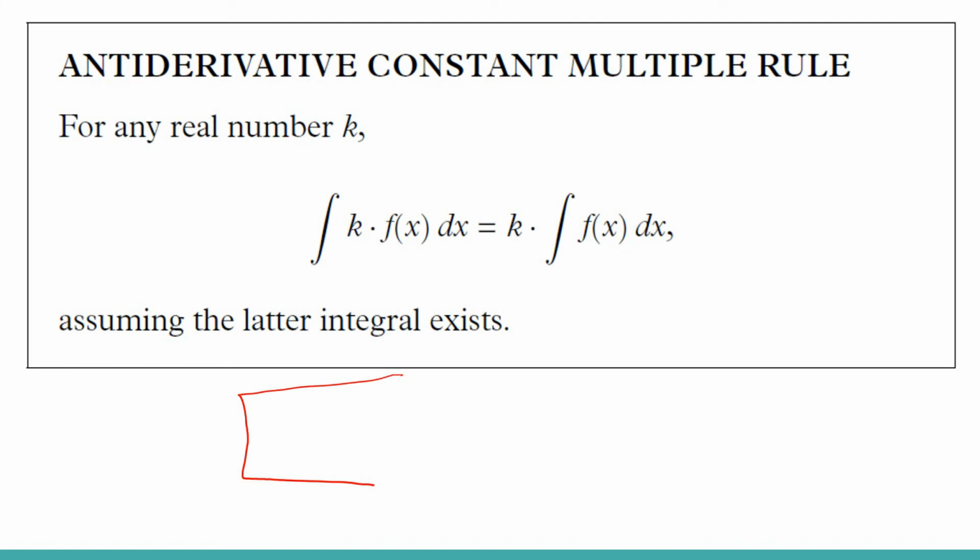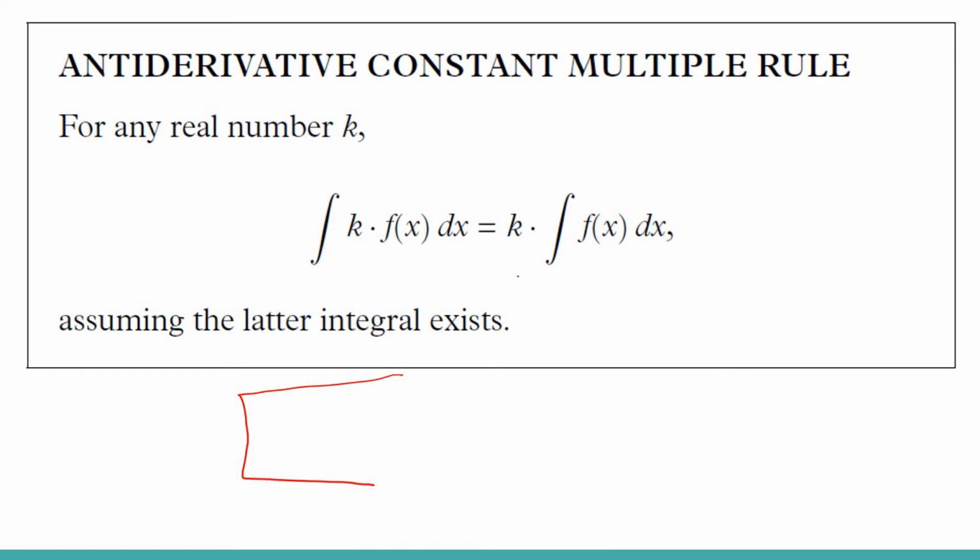Next one is the antiderivative constant multiple rule. So for any real number k, the integral of k times f of x with respect to x equals k times the integral of f of x dx, assuming the latter integral exists.